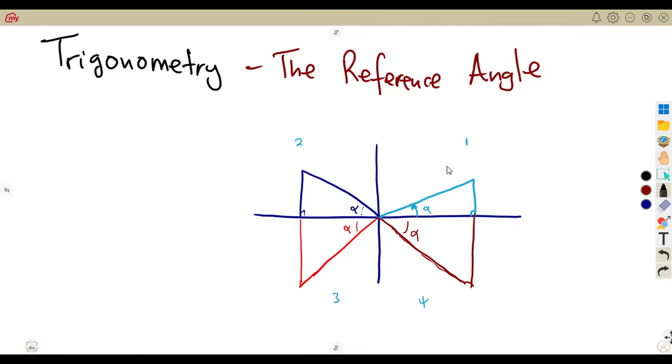So defining this reference angle, we can say it is actually the angle that is called an acute angle, which is between 0 and 90 degrees.